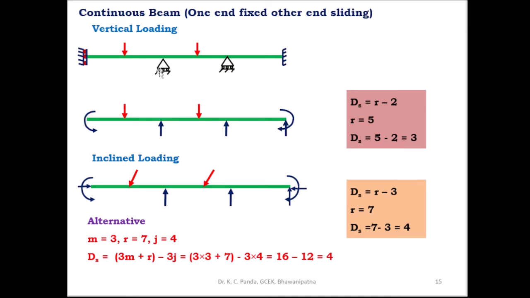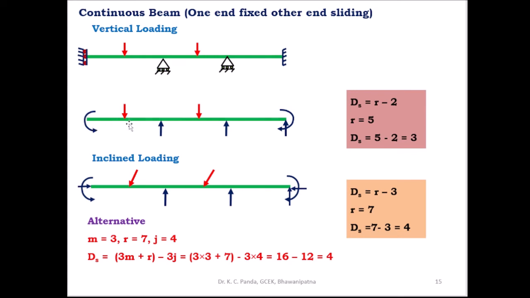At the roller support the reaction is always perpendicular to the roller base, but at the fixed support and at the sliding support the reaction depends on the loading condition. If the loading is acting in the vertical direction, in that case at the fixed end there is no horizontal reaction, only vertical reaction and the moment is acting, and at the sliding support there is also no horizontal reaction, only the moment is acting at the sliding support.